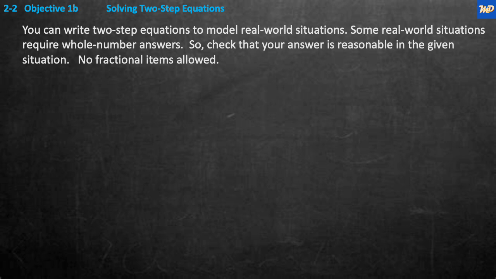So check that your answer is reasonable for the given situation. No fractional items, people, books, cars. You can't have half a car, whatever it is. If it's an item, you can't necessarily have half of one without cutting it in half, which probably doesn't make sense. They're not allowed. Okay, so let's see what the problems are going to give us.